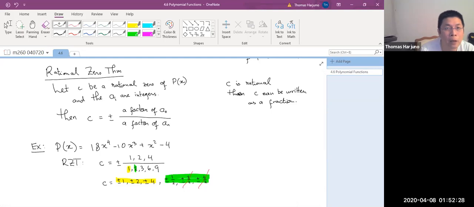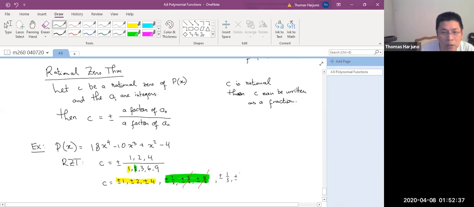Okay, going back, what if I divide by 3? So that will be plus minus 1/3, plus minus 2/3, plus minus 4/3, and then plus minus 1/6, plus minus 2/6, but that's 1/3. I already have it, right? I cancel that.